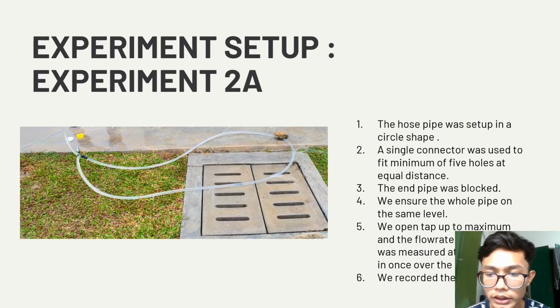Fourth, we ensure the whole pipe is on the same level. Fifth, we open the tap to maximum and the flow rate with the velocity was measured at each hole in once over the same period. Lastly, we recorded the data properly. This is the picture that we have taken while doing this experiment.